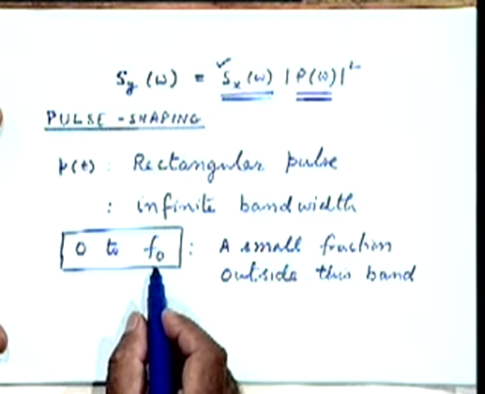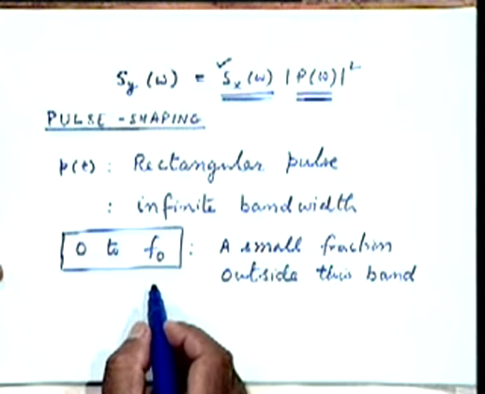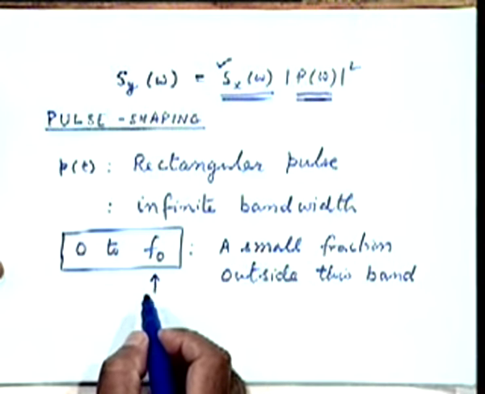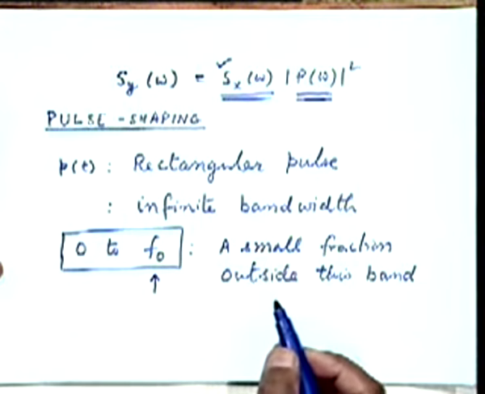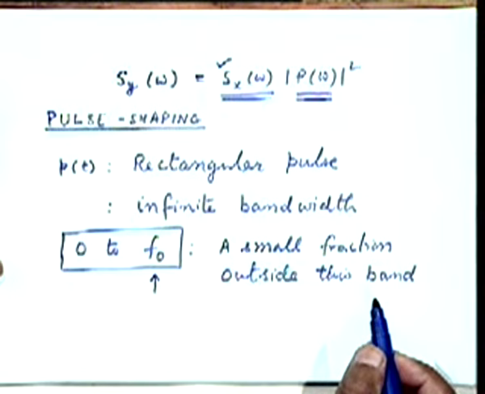If you are transmitting at f0 and using a particular line coding scheme and therefore you are allocated a certain amount of bandwidth on that basis, you are not allowed to transmit anything outside that bandwidth, which means you have to do band limitation. And the moment you do band limitation and this small fraction therefore gets attenuated, it may not cause much distortion, but the little distortion that it may cause can cause considerable problems for us.